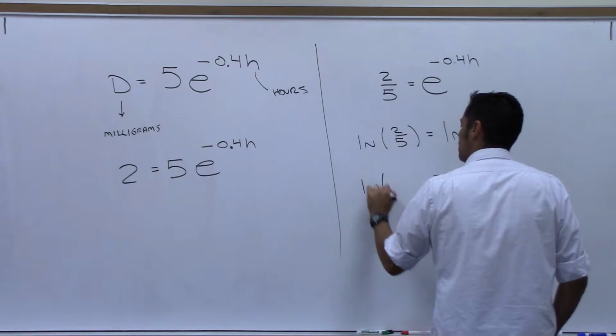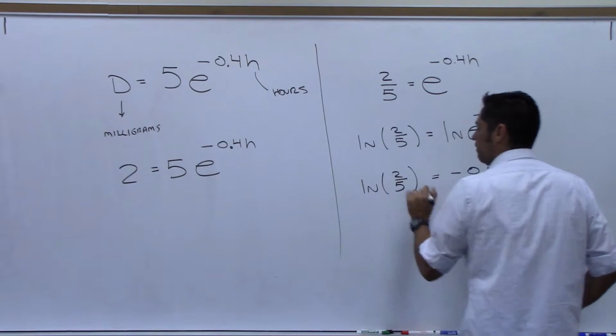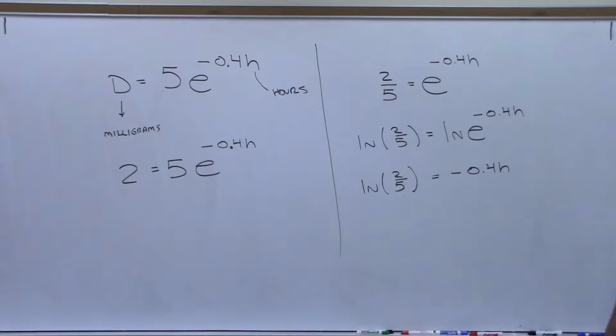And then on this one, you actually have to do this on your calculator first. So you get your calculator out. Make sure you bring your calculator, not your phone. I can use my phone. So I'm going to do 2 divided by 5, and then natural log.